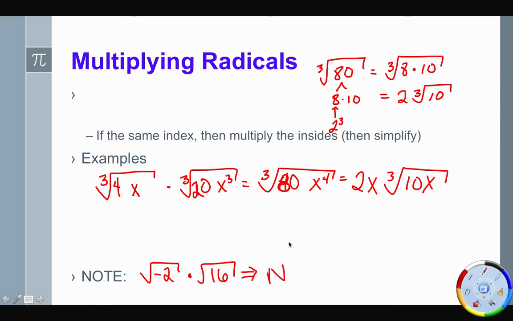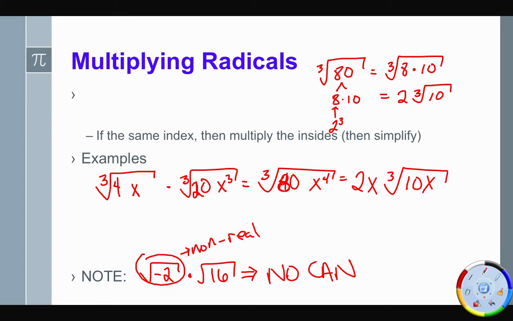This is a no can. We cannot do this. The square root of -2 is imaginary, which is non-real. Since it is non-real, it does not follow the same rules as the real numbers.